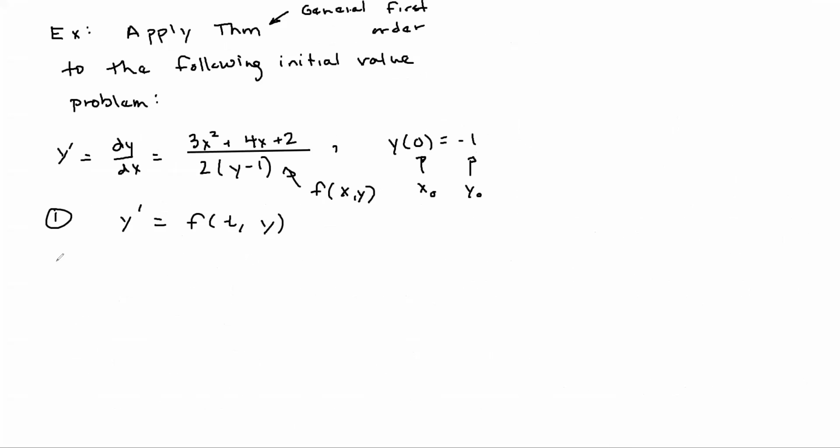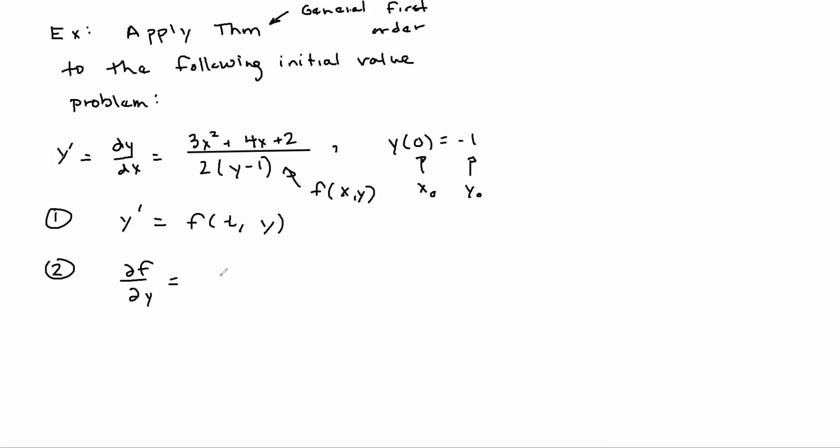Okay, so step 2, once you have compared the given information to the theorem information, so you figured out what f is and what x naught and y naught are, then we need to calculate the partial derivative, because we're going to need the partial of f with respect to y.